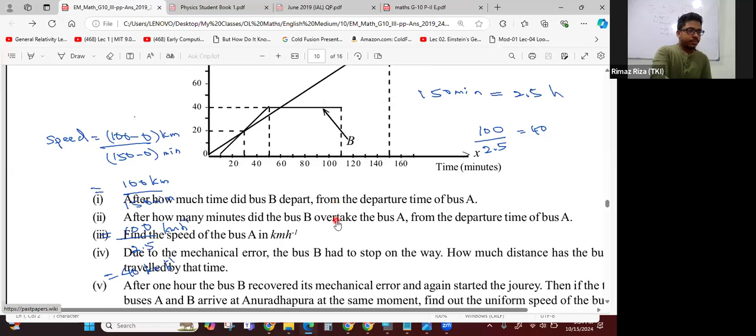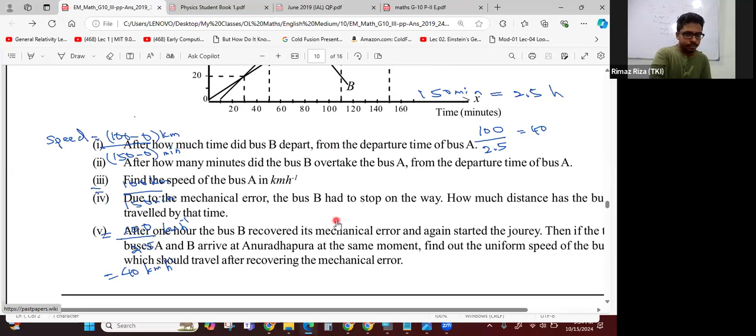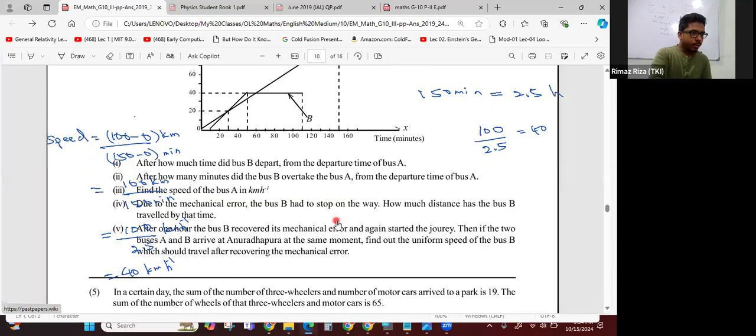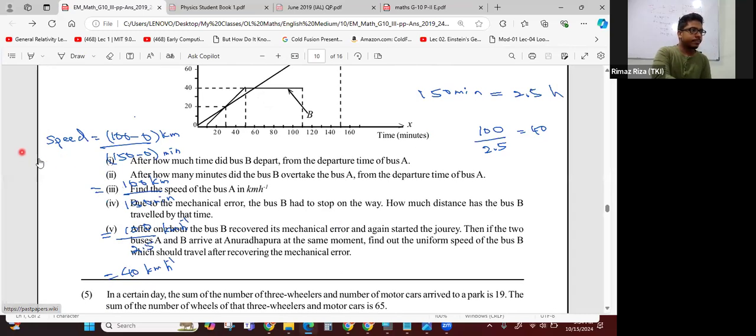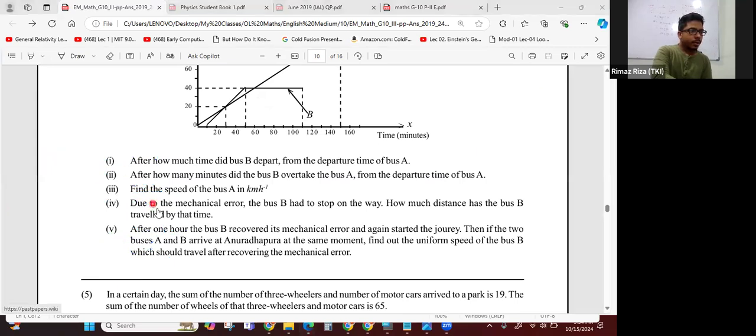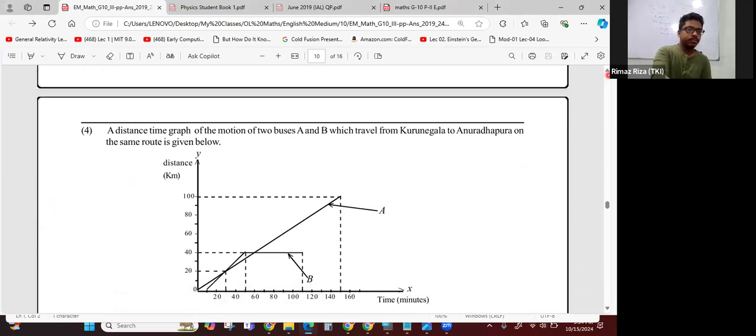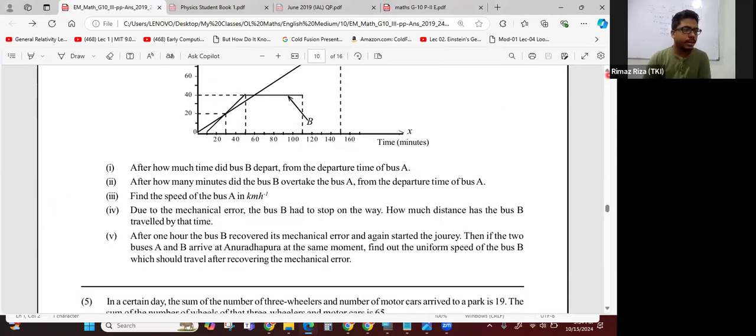Okay, and the next question, Roman number 4. Due to the mechanical error, the bus B had to stop on the way.